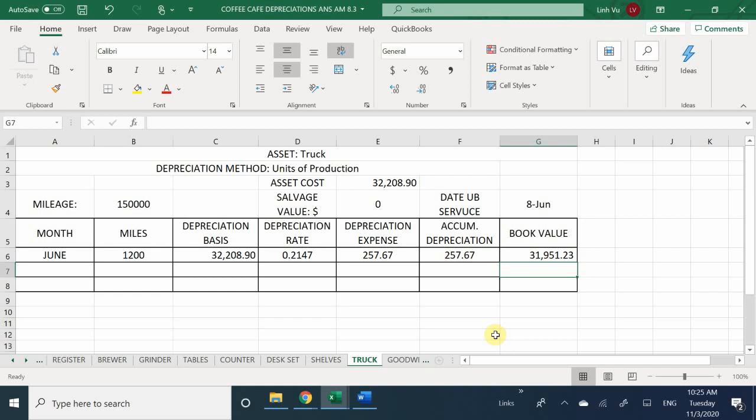The reason why we don't need to make an adjustment is because for units of production, it's not time sensitive whatsoever. All we care about is the capacity. So if for the month of June you drove already 1,200 miles, which is a lot, that's all you care about. All you care about is not going over the capacity, which in this case is 150,000.